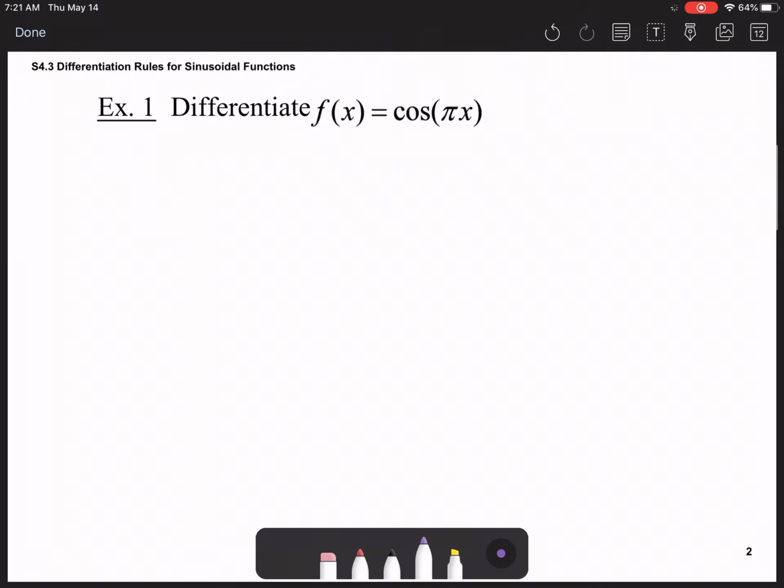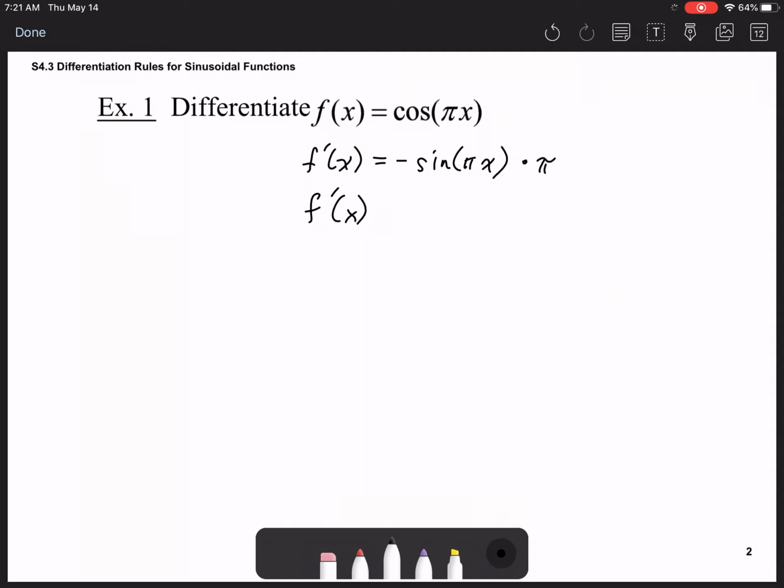So first of all, we're going to differentiate, find the derivative of f of x equals cosine pi x. So its derivative of cosine is negative sine, leave the pi x alone, and multiply by the derivative of pi x, which is just pi.